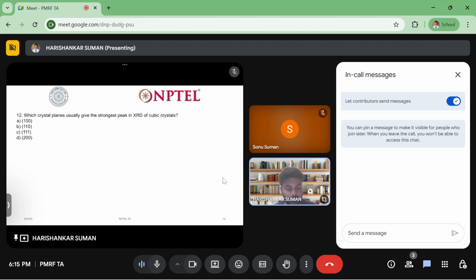Which crystal plane usually gives the strongest peak in the XRD of the cubic structure? 100, 110, 111, or 200 plane. Which one? Strongest peak in the XRD.